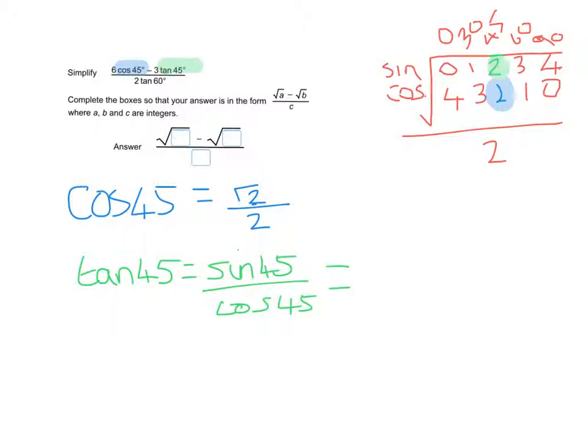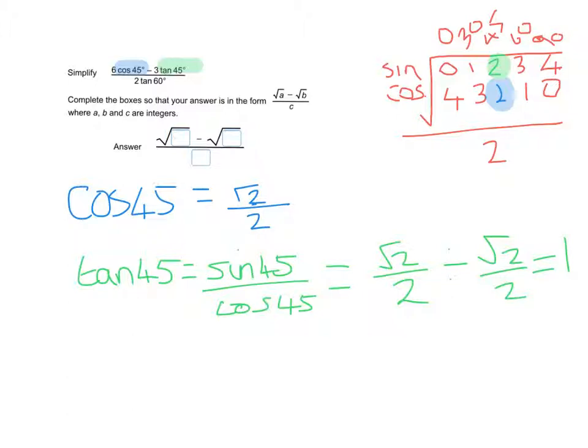It's also root 2 over 2. So I've got root 2 over 2 divided by my cos 45, which I've already got is root 2 over 2. Well, that's going to give me 1. So I've got that so far.